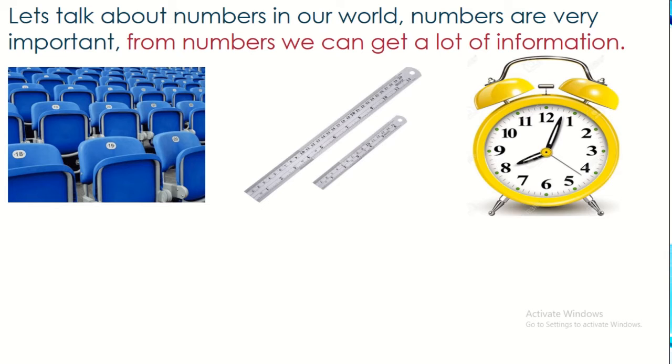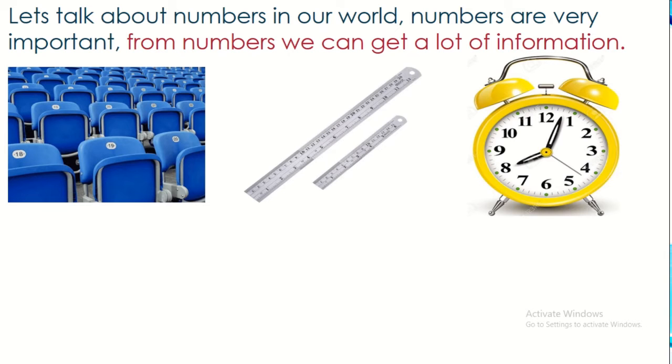From numbers on the clock, we can know what the time is right now. But if this clock doesn't have numbers, can you tell me what the time is right now? The answer is no, you can't. So, from these pictures, I know that I can get a lot of information from numbers.